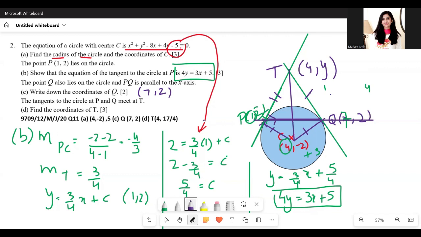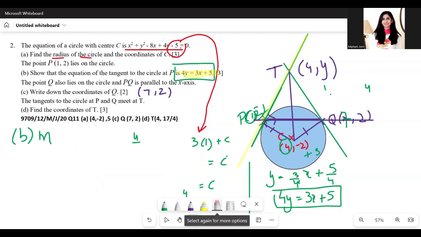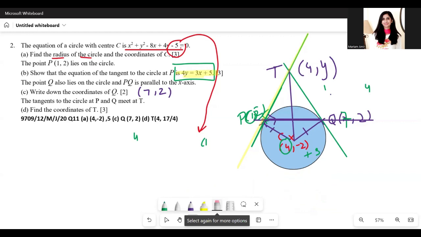Okay. So now we need the y coordinate of T. For that, we already know this equation. The equation of this line was 4y is equal to 3x plus 5. Let's substitute the value of x here and get the y coordinate of T as well. Okay.